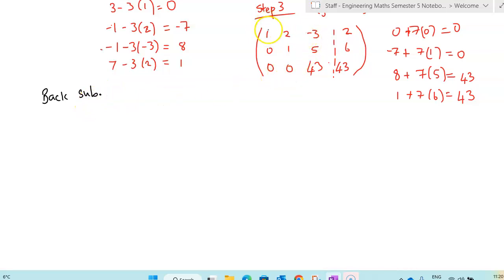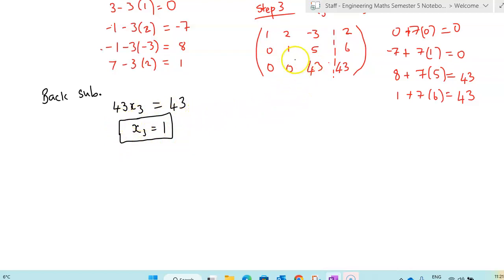Remember I said at the start, this column is the x1s, this is the x2s, and the third column is the x3s. So we can say 43 x3 is equal to 43. That's this 43 here. So that means x3 must be 1. That's our first value.